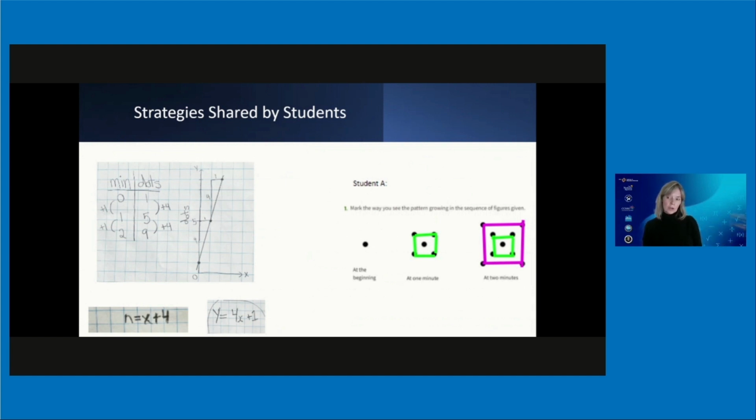So for example, the student who wrote n is equal to x plus 4, I hope that you can see that what is right in their thinking is connected to what is also in the graphical representation and in our table of values, and that we're seeing that plus 4 happening over and over.